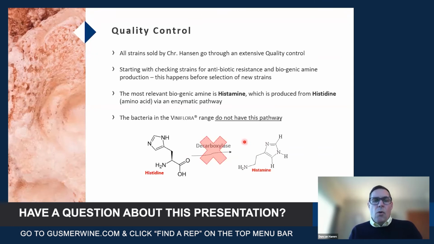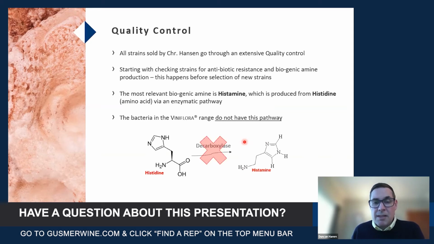Now, all of our VINIFLORA bacteria are screened and do not have this pathway, so they are unable to produce biogenic amines. That's really important, because by inoculating and relying on strains that are unable to produce histamine, that's the most effective measure that can be used. It's also really interesting with histamine: some countries do use it as a trade barrier.